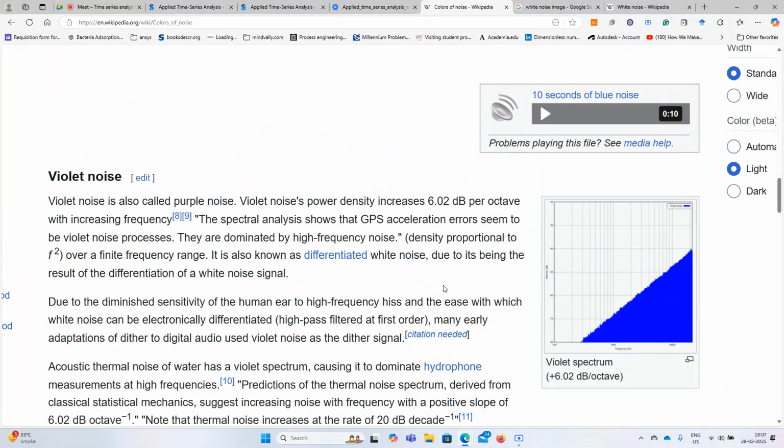Whereas for violet noise, due to diminished sensitivity of the human ear to high frequency hiss and the ease with which white noise can be electronically differentiated, many early adaptations of tether to digital audio use violet noise as a tether signal. These noises are used to suppress other noises. That is the use they have told. But it is the noise that increases with frequency.